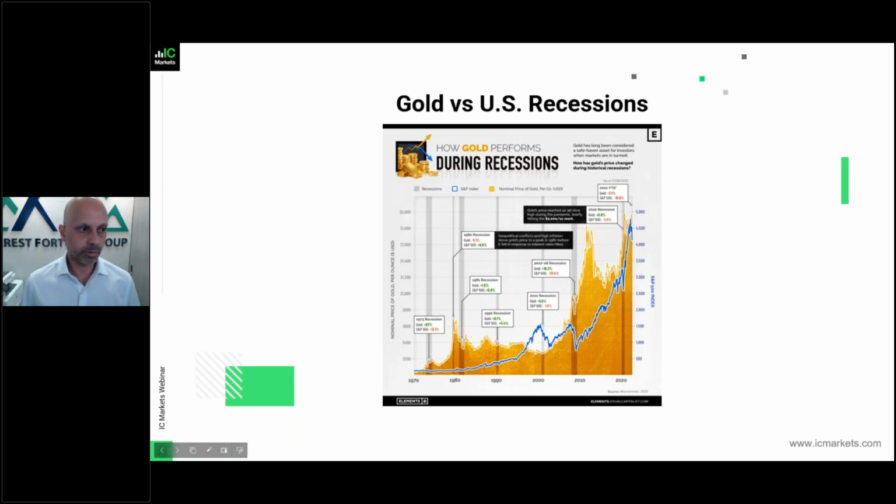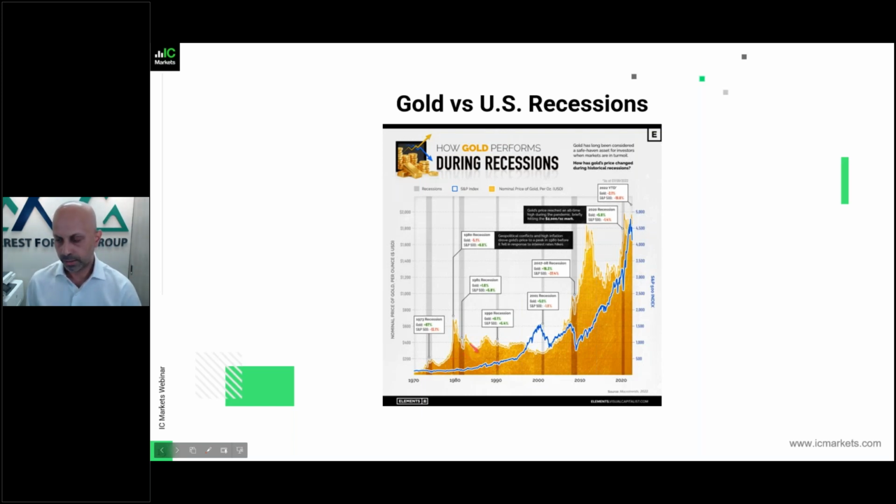Okay, so this is a chart that is showing us the performance of gold and the performance of the S&P 500 index from 1970 up to about 2022, right? So as you can see here on this chart, the blue line represents the S&P 500 index, okay?